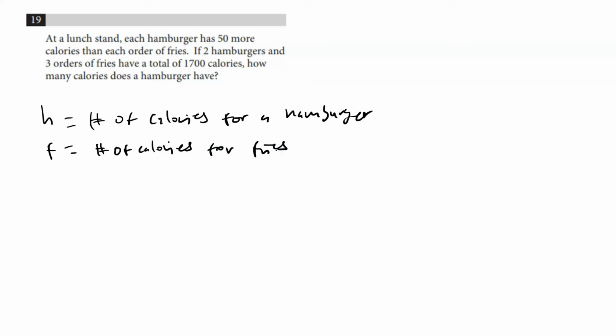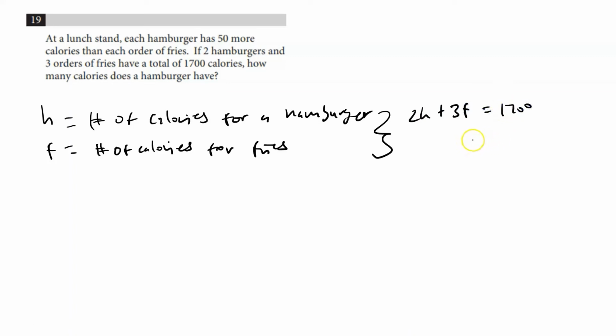Once again, f for fries. Thus, 2 hamburgers and 3 orders of fries have a total of 1,700 calories. We can rewrite that as 2h, 2 hamburgers, plus 3 fries, 3f, equals total 1700.